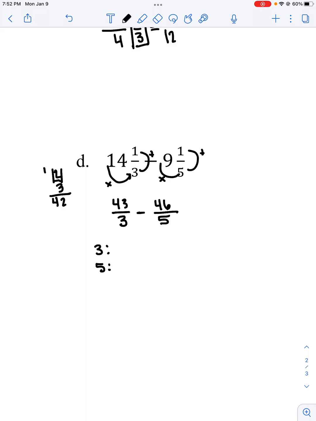Like before, I have 3 and 5. I need a common denominator. I count by 3s first. So 3, 6, 9, 12, 15, 18, 21. Then I count by 5s, 5, 10, 15, 20, 25, 30. The first one that they have in common is 15.